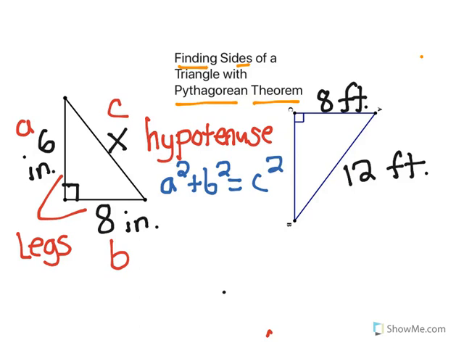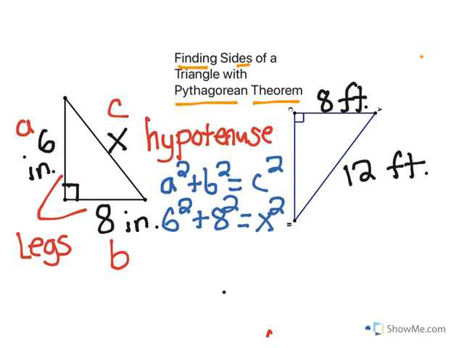So basically, what we're going to do is we're just going to substitute our values that we know in for A, B, and C, and then try and solve. So in our example here on the left, we know that A is 6, so it's going to be 6 squared. We know that B is 8, so that's going to be 8 squared. And we know that C is X, so that's going to be X squared.